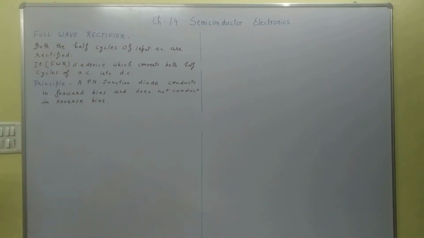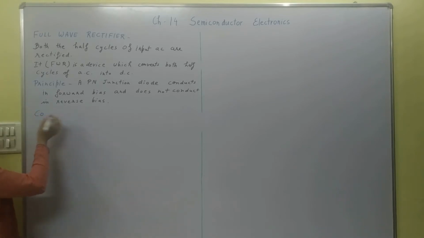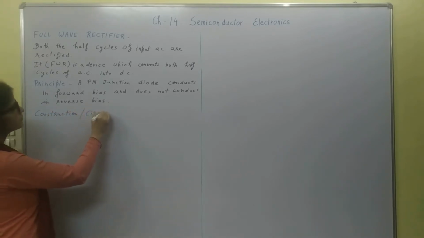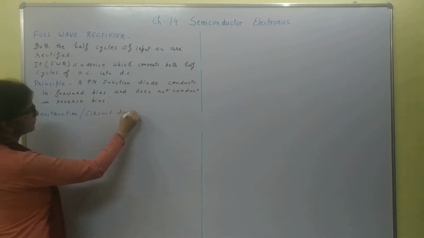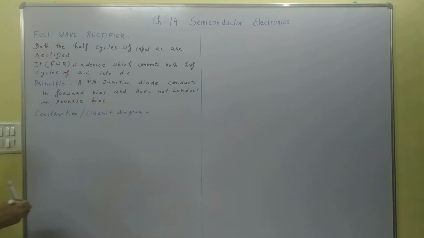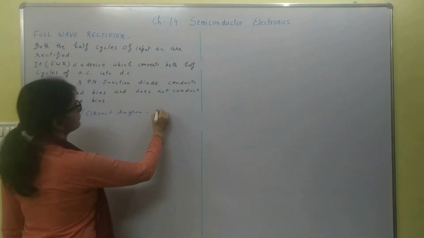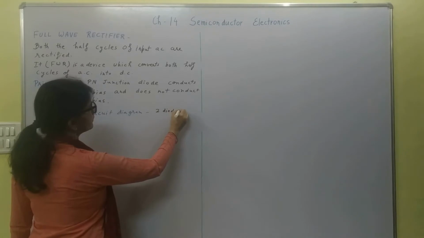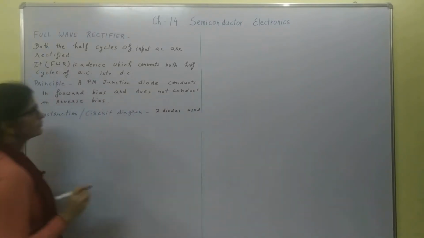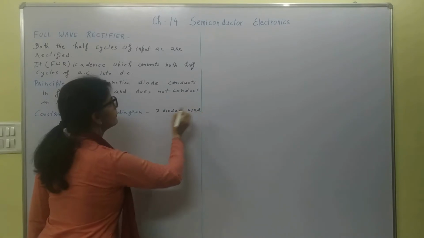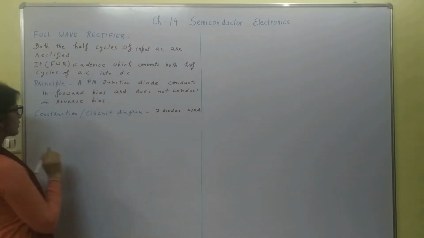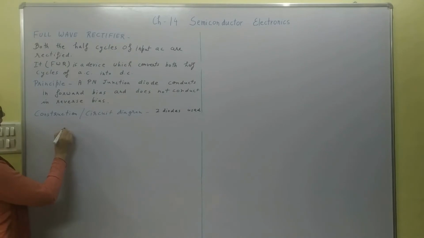Right? So what is the construction? The construction is that here we use two diodes. How do we use the two diodes? The input is the same as that of the half wave rectifier.